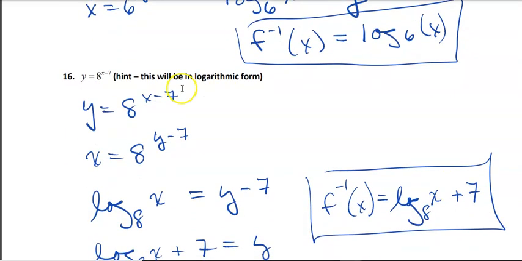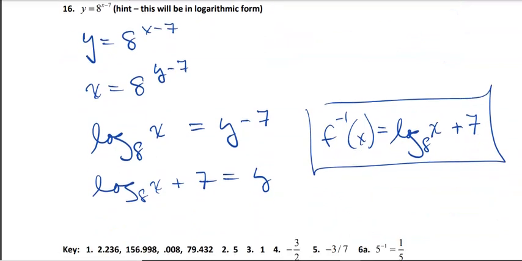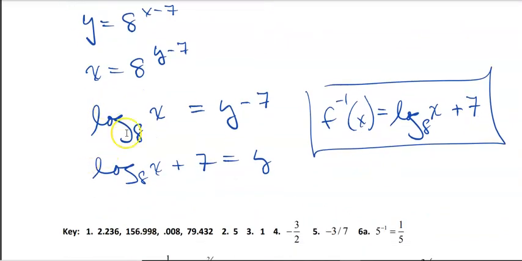So again, I want you to find the inverse of this. It's already out of function notation, so just switch your x's and your y's. It's written in exponential form, and you are going to write it in log form. So your base is 8, log base 8, the argument is x, logs equal exponents, it's y minus 7.